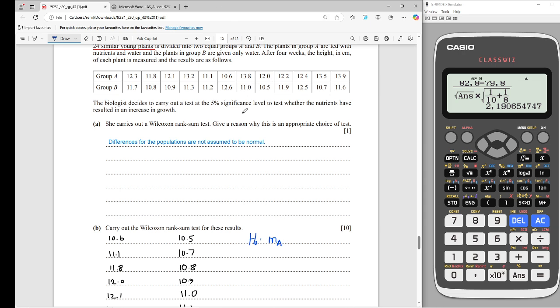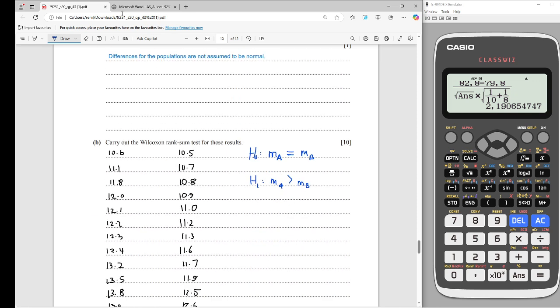The biologist wants to claim whether the nutrients have resulted in an increase in growth, which means has A become greater than B, and because A is the one that's fed with nutrients and water, our null hypothesis always stays that they are equal, and our alternative hypothesis is what the researcher says, MA is greater than MB, and that should be our hypotheses.